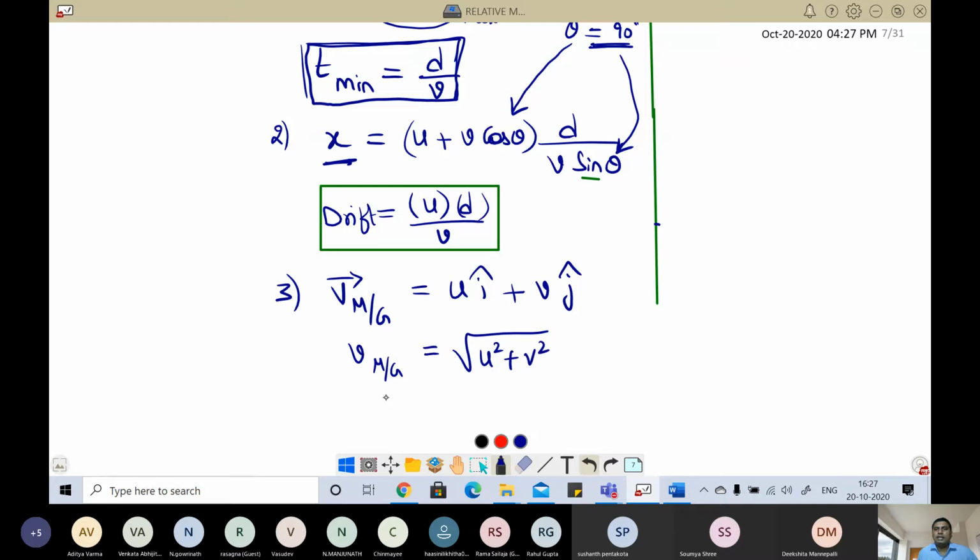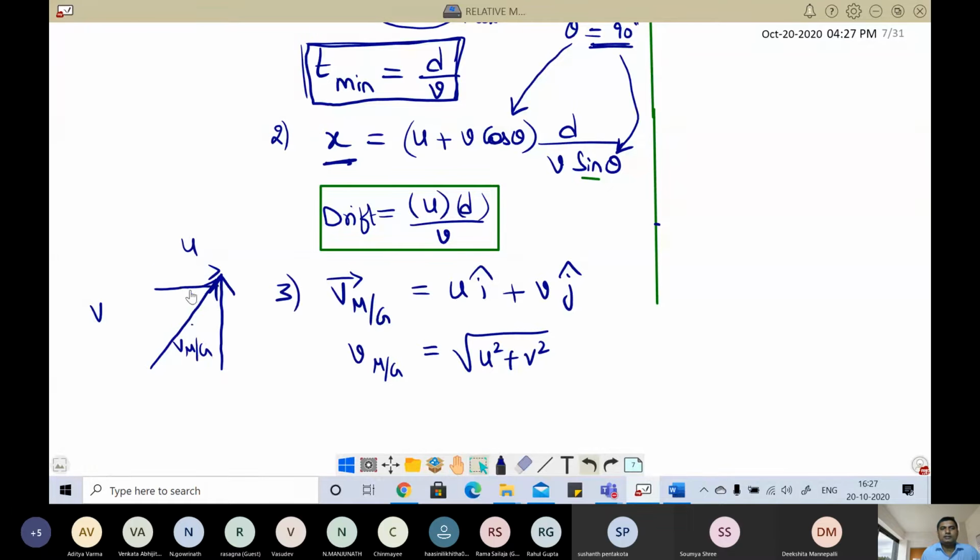And what is the angle made? This is called the velocity of the man with respect to river, which is u, and this is the velocity of man with respect to ground. Now I am shifting this vector here.